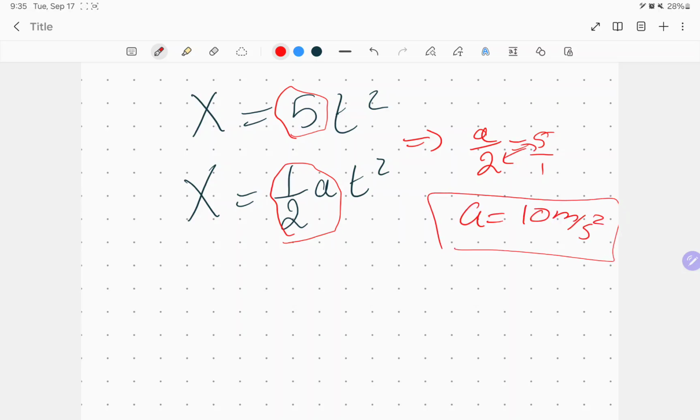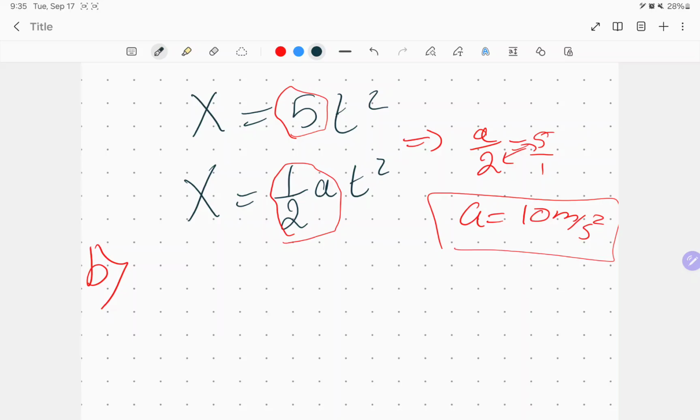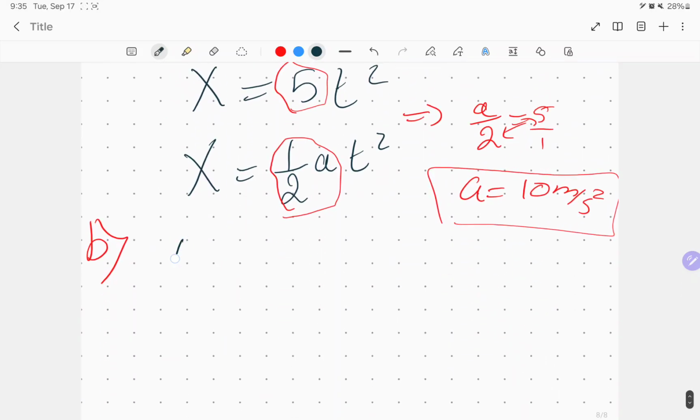Pay attention to this idea. Question B. What is it telling me? What is the velocity, or the speed, of the stone after falling 20 meters? So x was what? 20 meters. Velocity equal what? This. And of course you have acceleration equal to 10 meters per second squared.